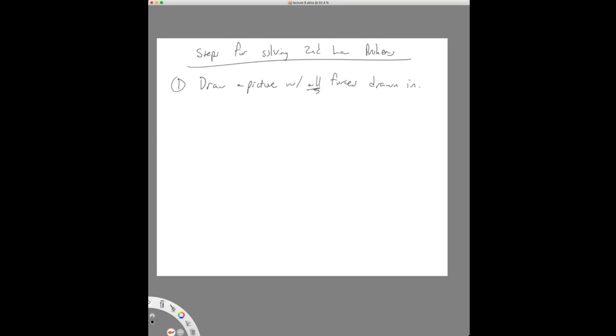So you have to get them all. Okay, that's number one. Number two is we're going to write down net force equals ma for each mass in the system. Okay, so far we've only had one mass in our system.